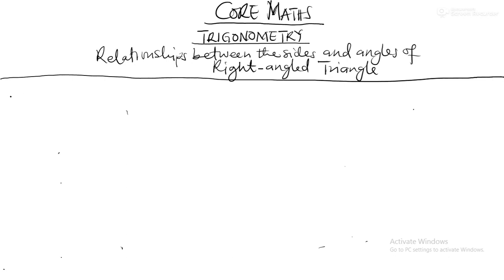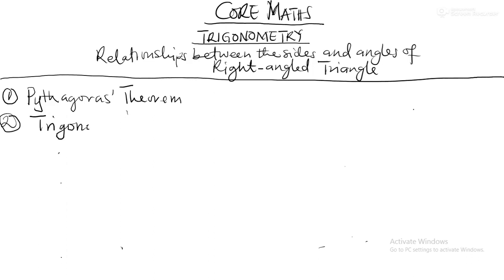Let's look at the first one. It is called the Pythagoras Theorem. This one focuses only on the length of sides. The second one that we'll consider is the trigonometric ratio.